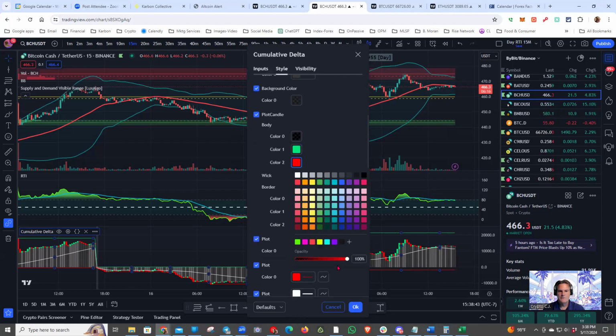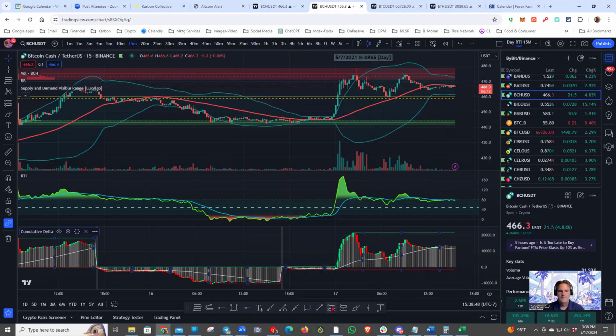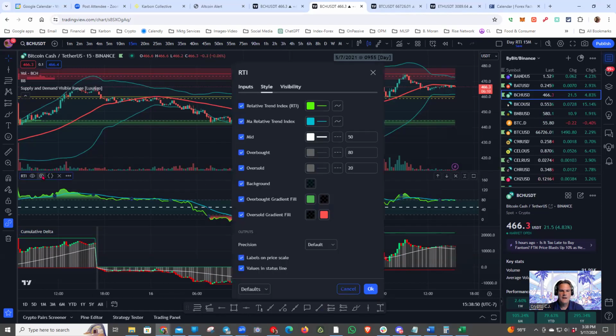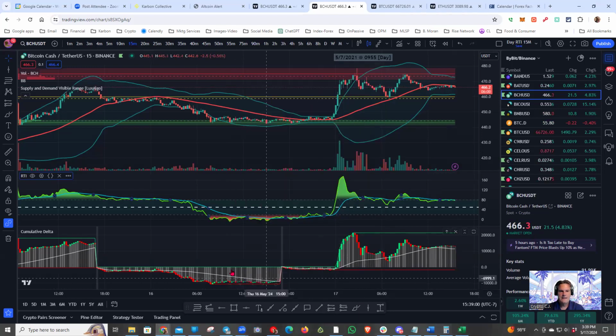So yeah, that's why mine are brighter than what you might see on the default. And the same thing on the RTI. I just turned that off, but I made this the second thickness and the opacity all the way. So that's how that works. And that's why they show up a little bit better, especially on the black background.